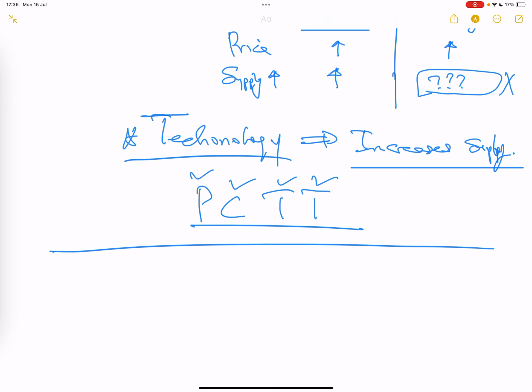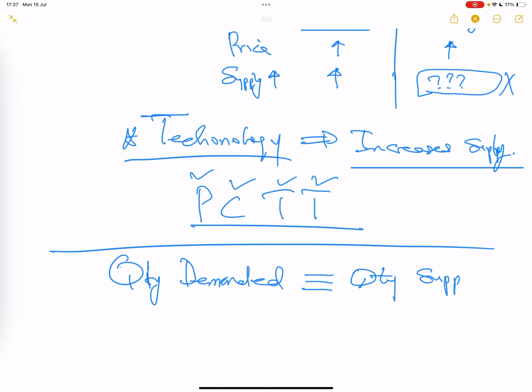Now, quickly, there's a point where the quantity demanded by your customer is the same as the quantity a supplier is willing to produce.